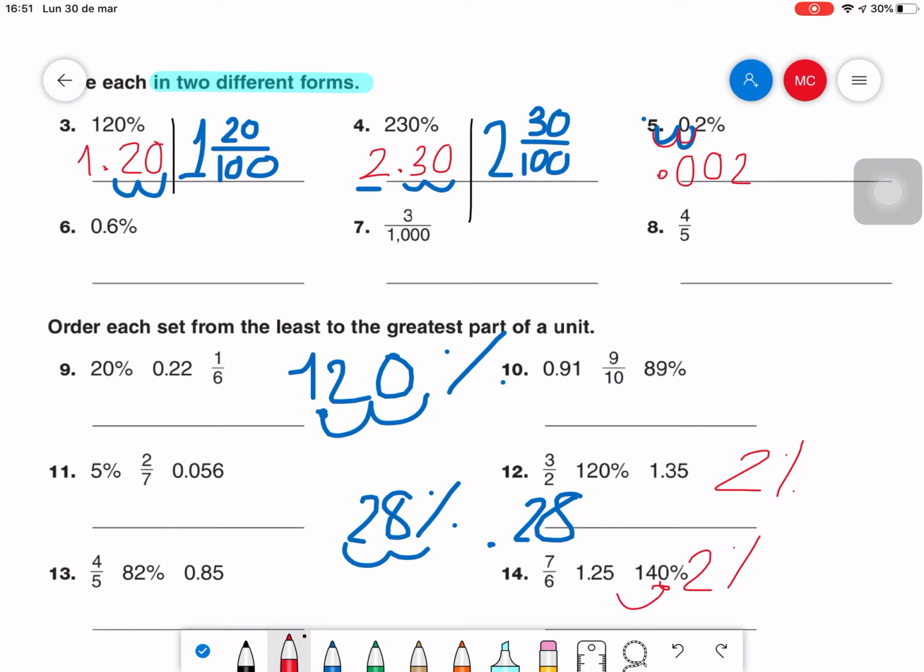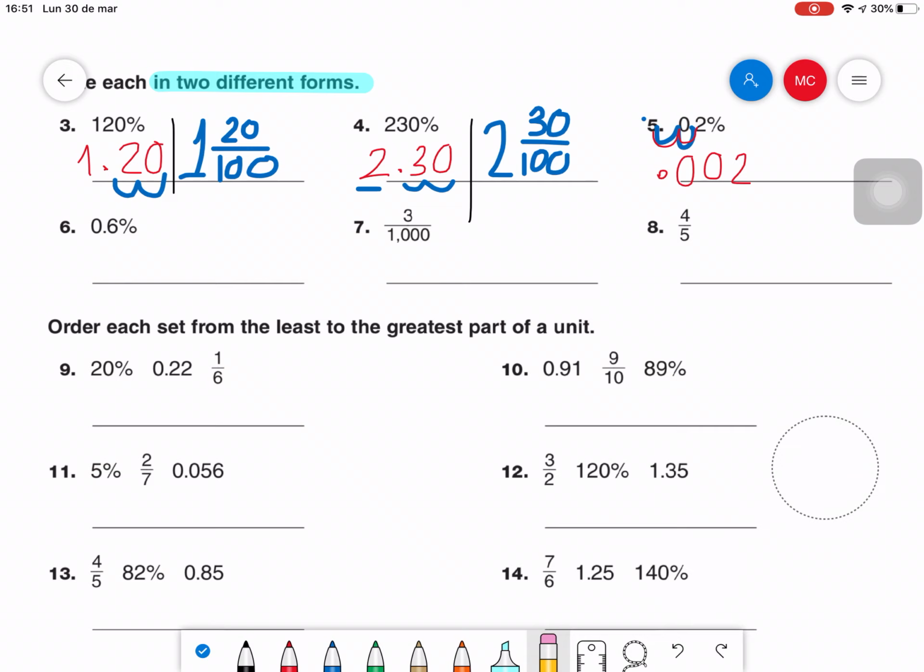That's the reason why I moved the decimal point 2 times. And then once that is done, I need to change that into a fraction. So I know the number is 2. But now how many decimals do I have? 1, 2, 3. So it will be 1 and 3 zeros. That will be 1,000. And then I am done, okay?